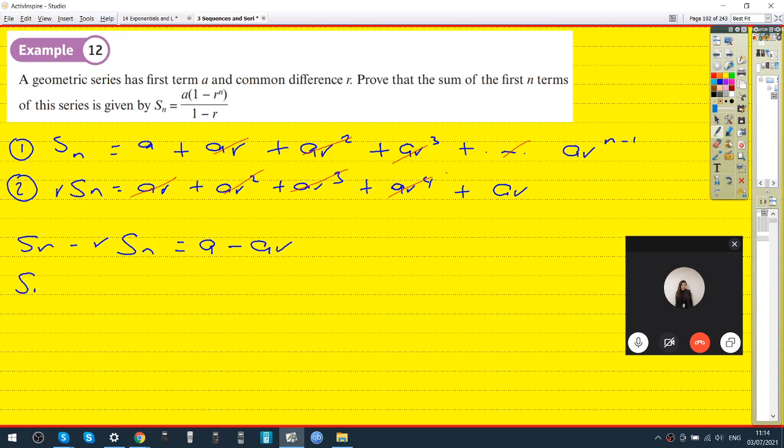Minus 1. 1 minus r. Yeah. And this one? Factorize that a, so you get 1 minus r, an a on the outside. Yeah, a. That's 1 minus r. And then you can cancel out the 1 minus r's, right?